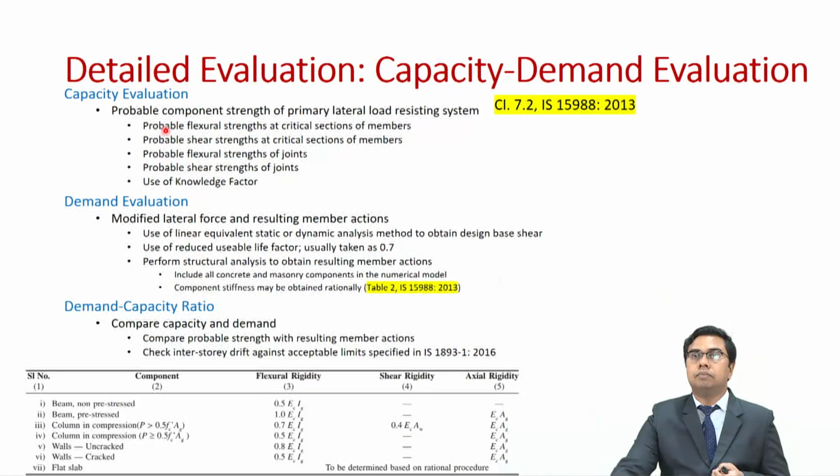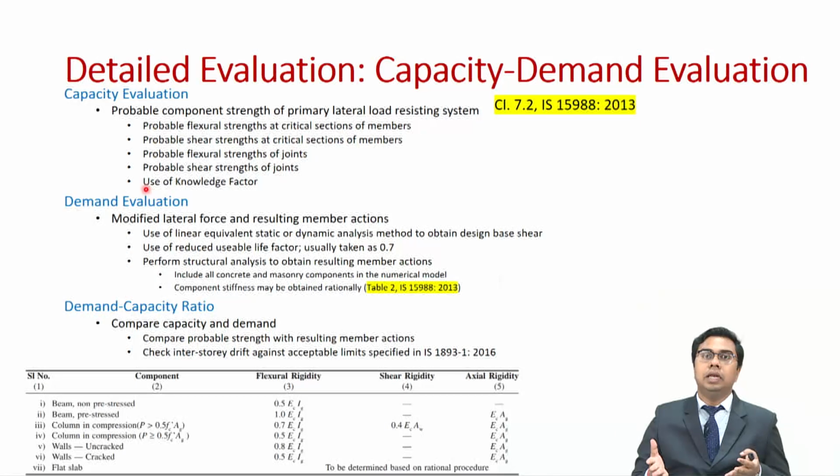So, we find out the probable flexural strength at critical sections of beams and columns, probable shear strength at critical sections of beams and columns, then probable flexural and shear strength of joints, and then we use a knowledge factor depending on how much information we have about the building. We will use the knowledge factor and then reduce the strength to an acceptable probable flexural strength or shear strength, whatever be the case. So, that shall be our capacity of the components of the building.